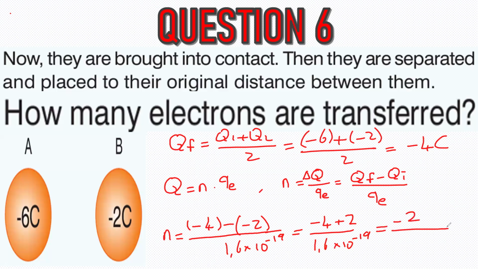This point is very important: if you have -2 on top, you must use -1.6, and negative divided by negative gets positive. 1.6 times 10 to the power of minus 19. We should just calculate this and get the answer.